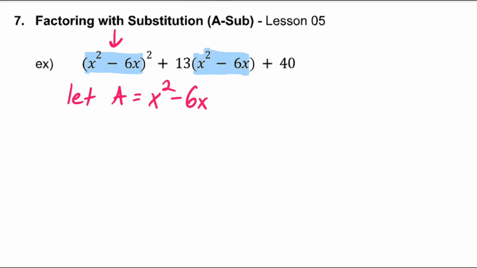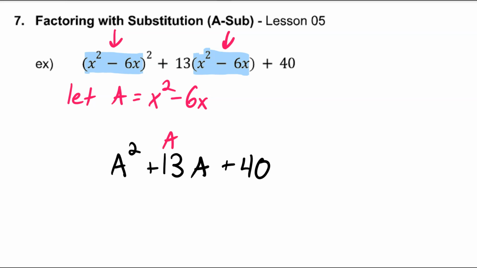So everywhere I see an x squared minus 6x, I'm going to replace it with a. So that first term is just a squared, a times itself. The second term would be 13 times a, and plus a 40 at the end there. Well, now this just looks like regular factoring, where I could ask myself what numbers add to 13 and multiply to 40.